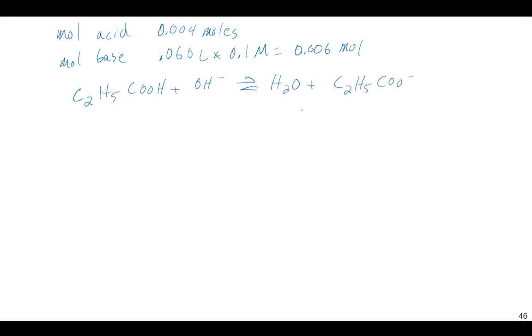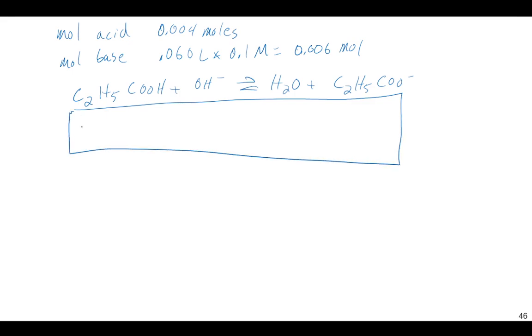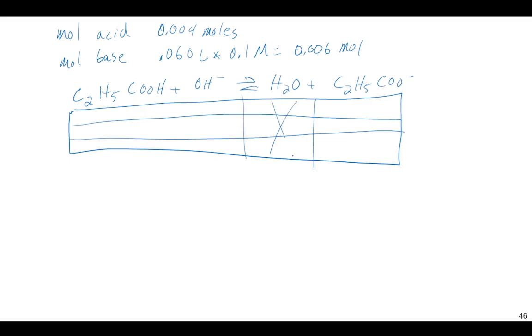Now, in this scenario, I've added too much OH minus, and so my moles of acid will get completely used up. So entering the moles here into my first row looks like this.